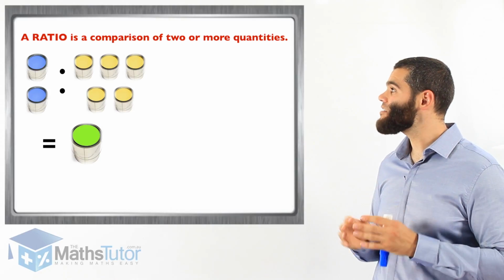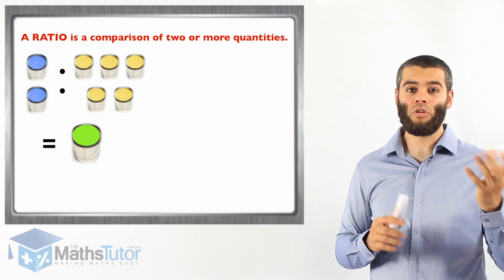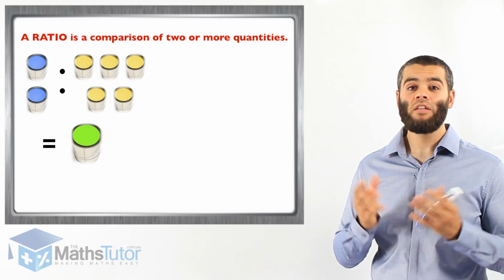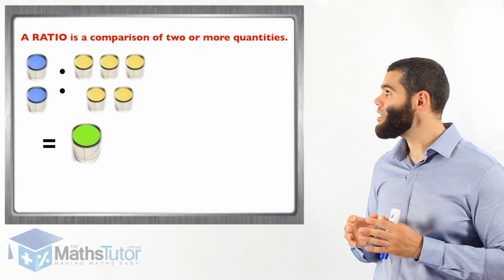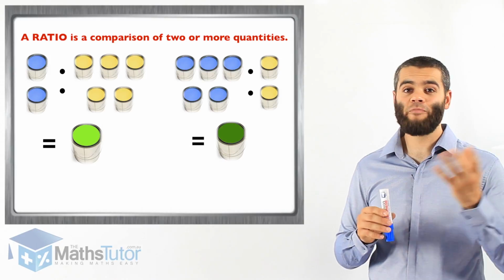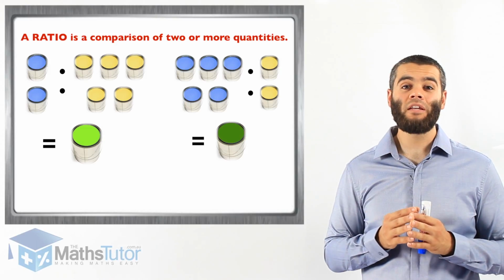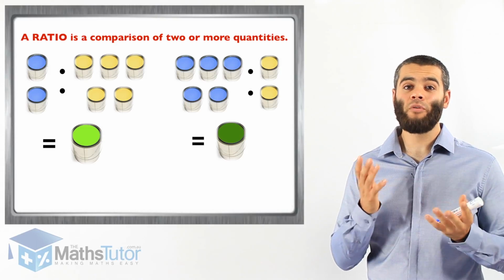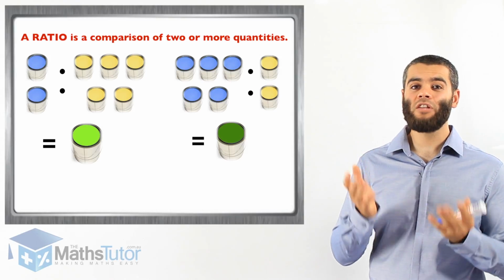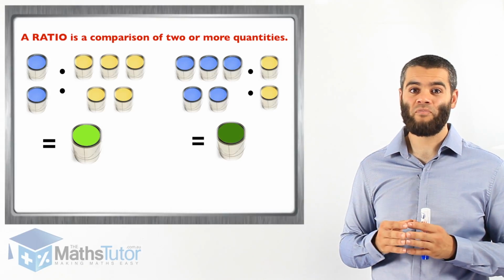If we mix 2 parts blue and 5 parts yellow, so for example, 2 containers of blue paint and 5 containers of yellow paint, we will get a green that is light in color. But if we mix 5 parts blue and 2 parts yellow, we will get a green that is dark in color. So if we mix more blue or more yellow, the ratio will change the shade of the green that we want. That's where ratios are used.